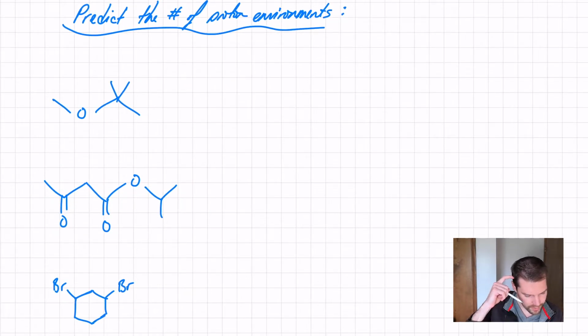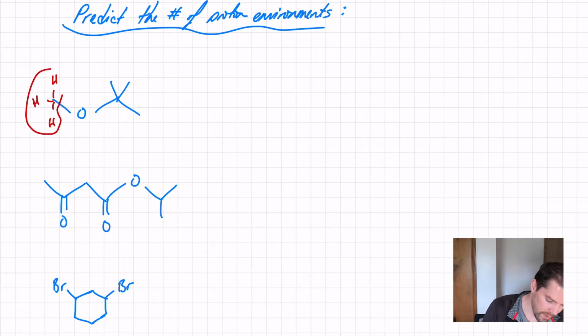Here we just want to predict the number of proton environments in these compounds. So all I'm going to do is identify the unique proton environments. So here we have 3 protons. All 3 of these protons are in the same environment. So we have 1 right there. Here's some protons. Here's more protons. We have all these protons.